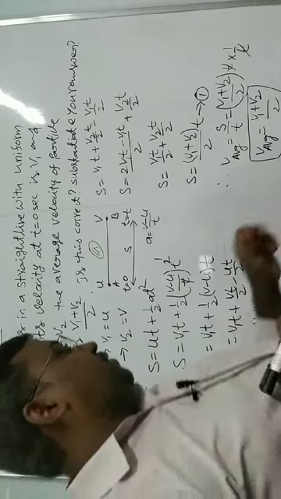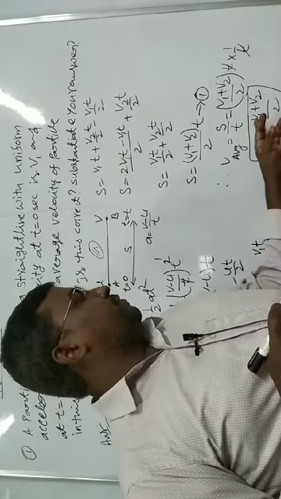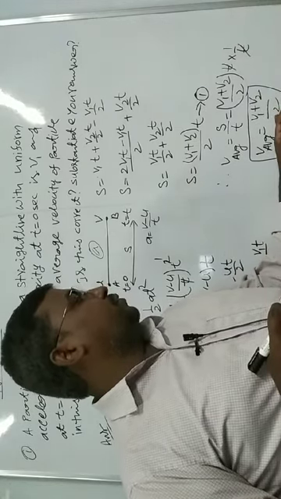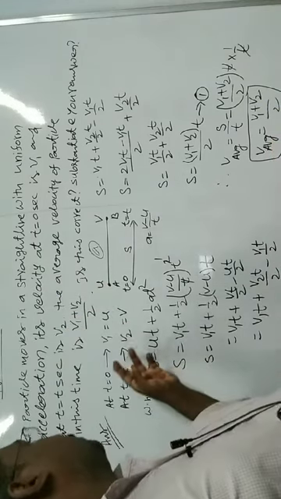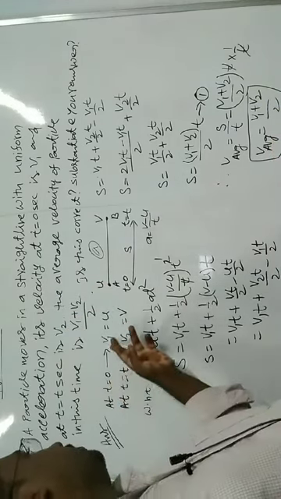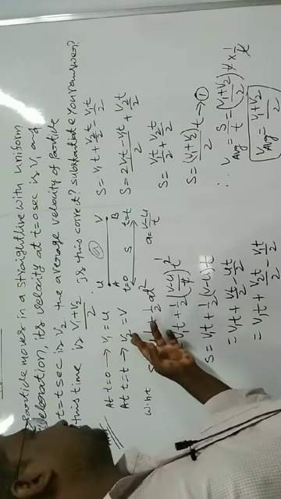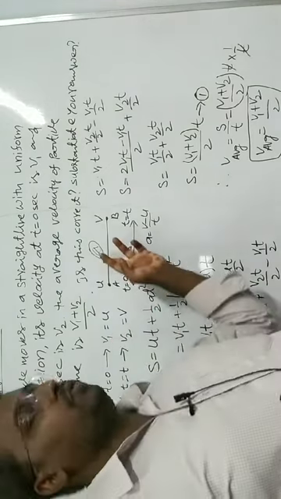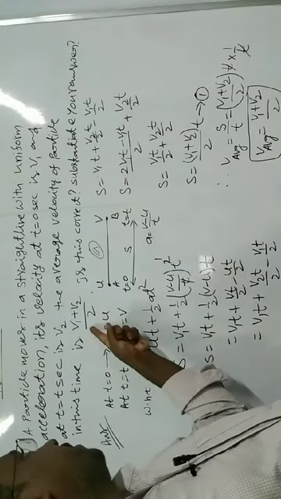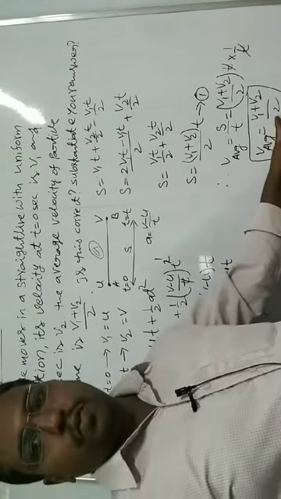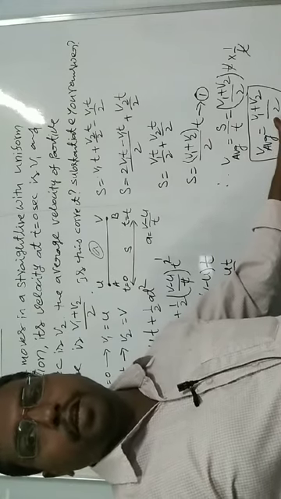So (v1 plus v2) by 2 is equal to v average for a particle moving with initial velocity v1 and final velocity v2 and moving with uniform acceleration. So is the given statement true or false? It will be true.